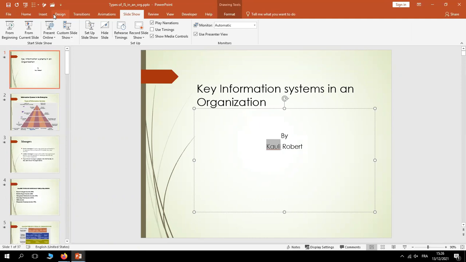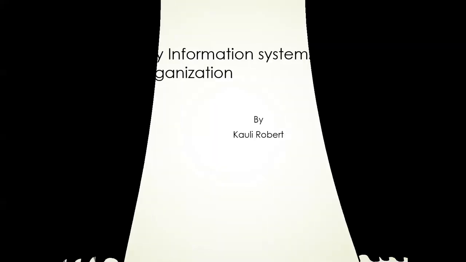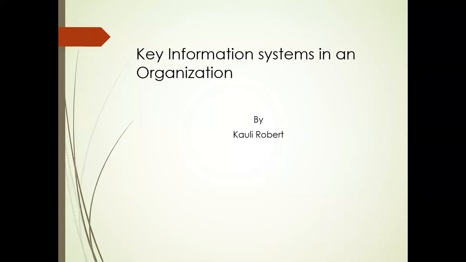If you don't press F5, we have on the status bar down here this icon, this command which is talking about slideshow. Once I click on it, I'll automatically go to slideshow from the current slide.